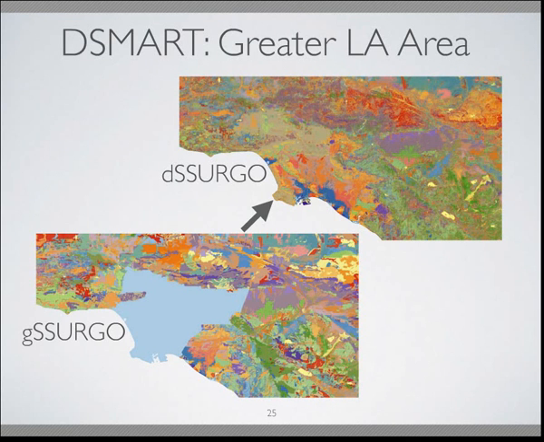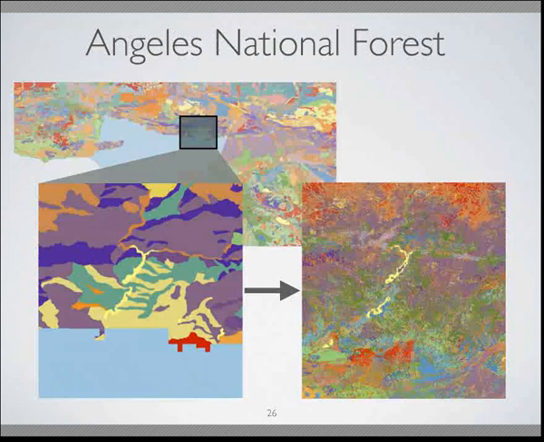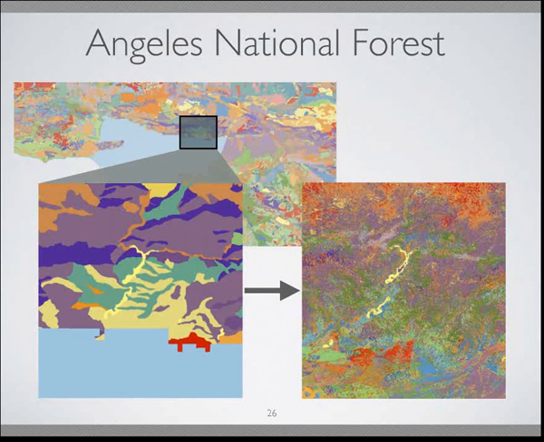The final one I want to get to, and I think it's the best way to summarize what dSURGO is doing for us, is this example over the Angeles National Forest in northern LA County, California, where there's a clear example of missing data in the southern part and fairly coarse polygons in the north.